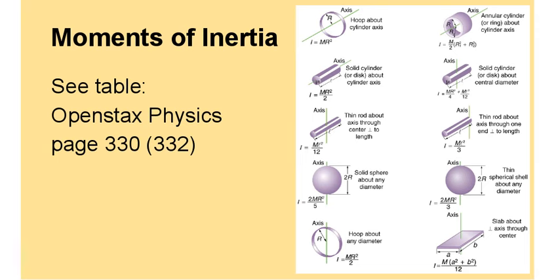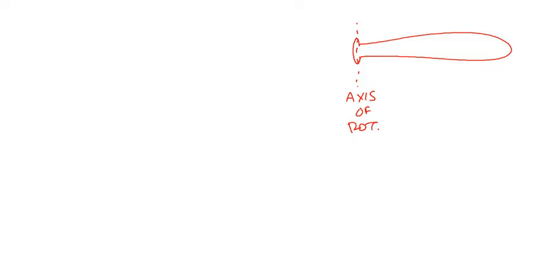Let's say that I have a baseball bat, and I'm going to spin this baseball bat about this point right here. So this is my axis of rotation, and I'm just going to make up some numbers here. The bat has a mass of 4 kilograms.